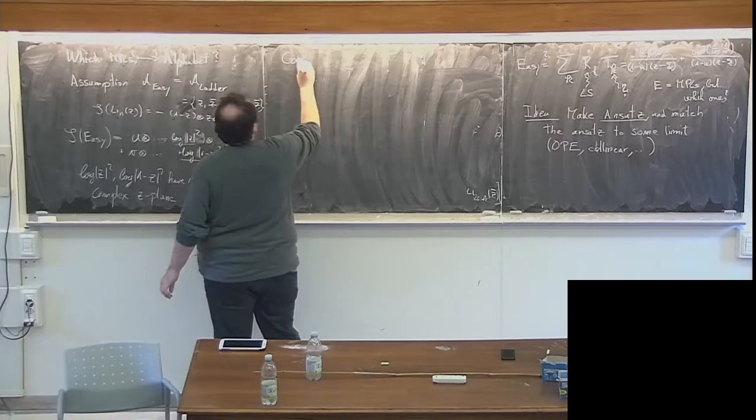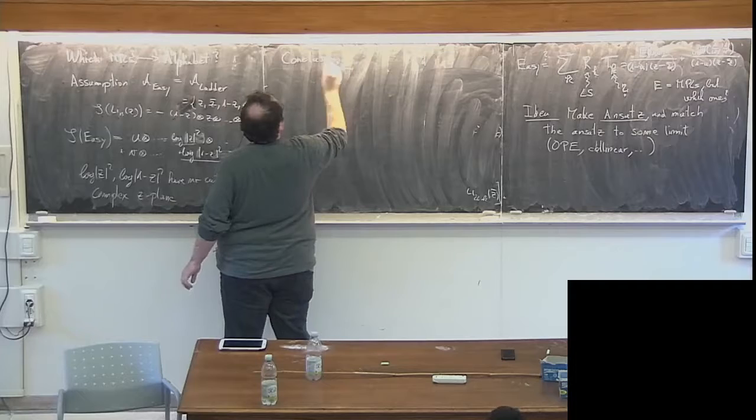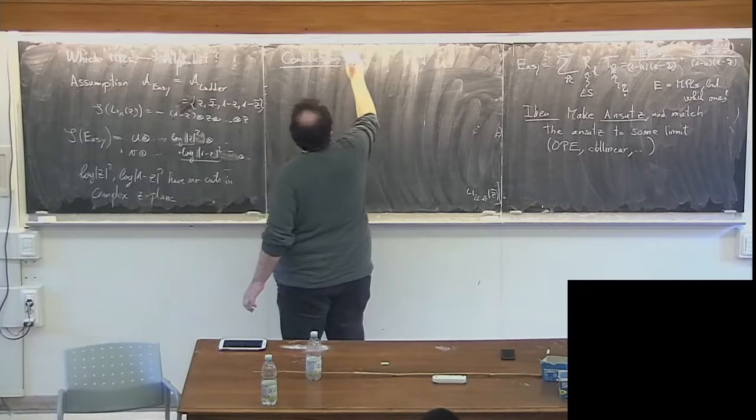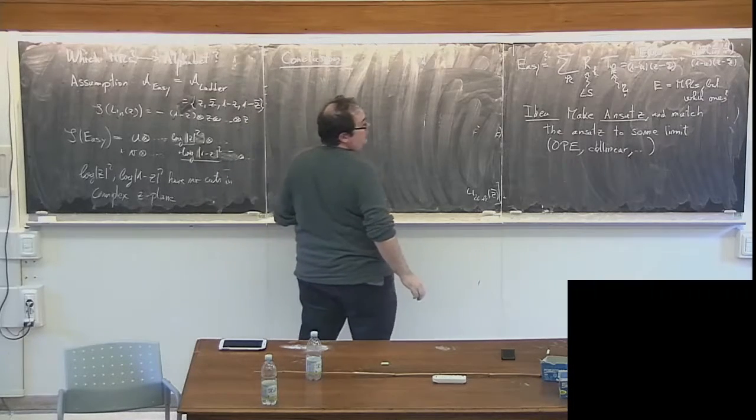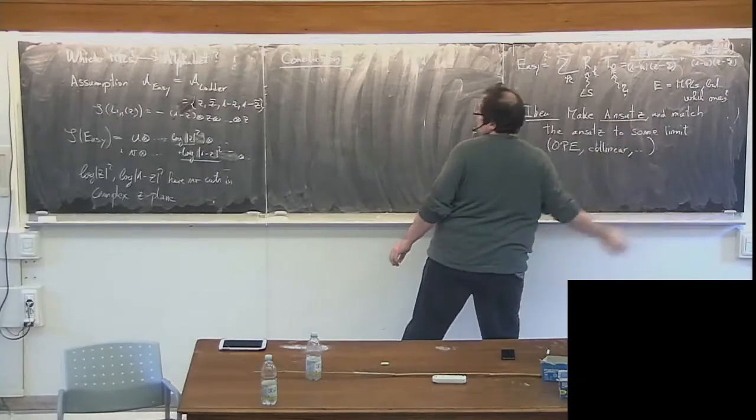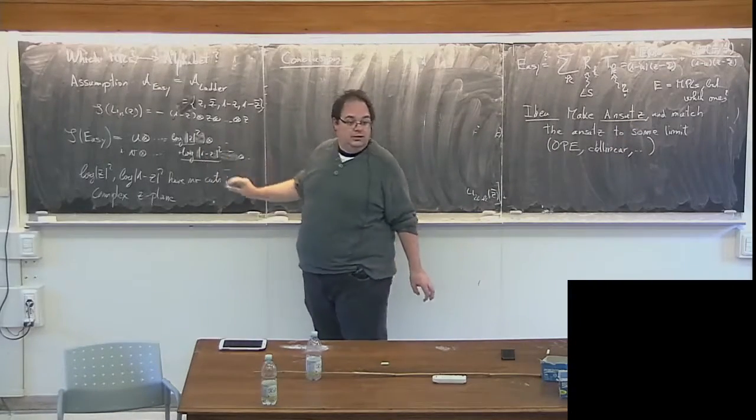So the conclusion at this point, which relies on my assumptions that I have polylogs, so that all this makes sense, that I can look at symbols.